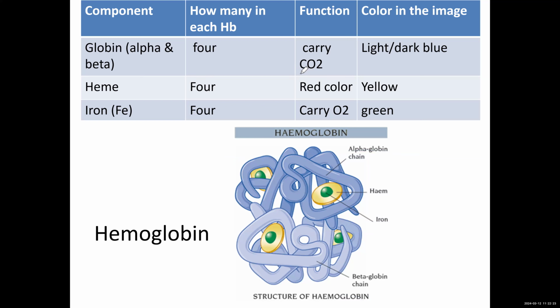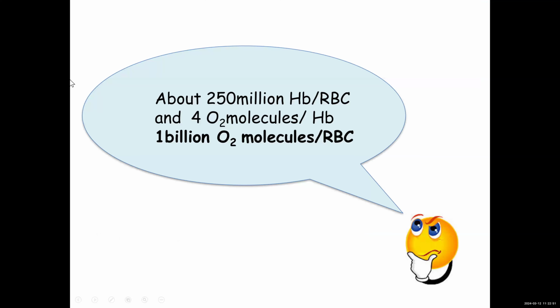Globin can carry carbon dioxide. However, most of the carbon dioxide is carried by plasma, but some is carried by globin. Now the heme group is what gives blood its red color. What do we need the heme group for? Well, the heme group attaches iron, and iron attaches oxygen, right? So that's the structure of one hemoglobin.